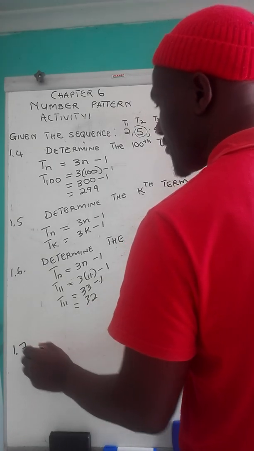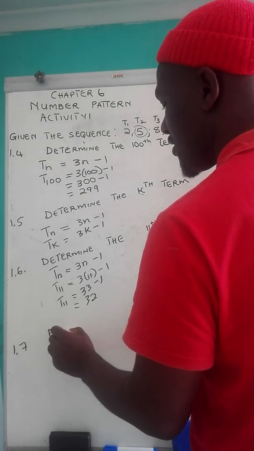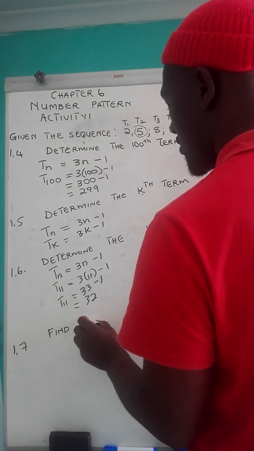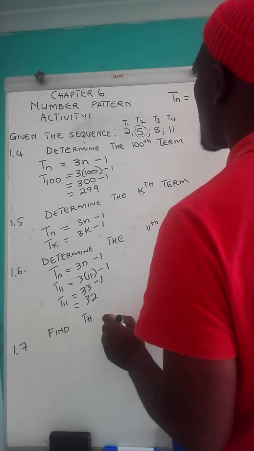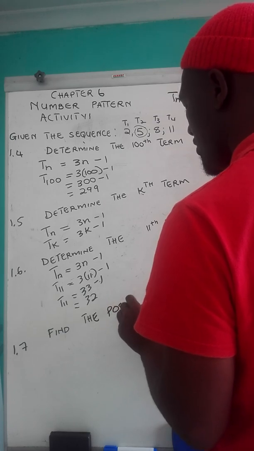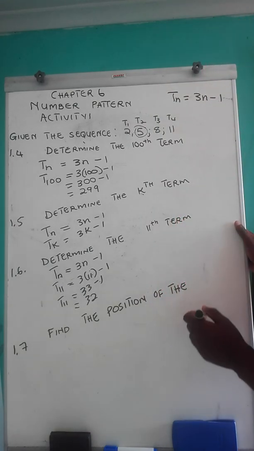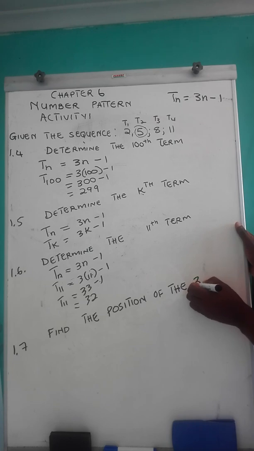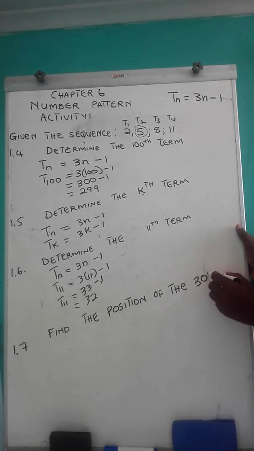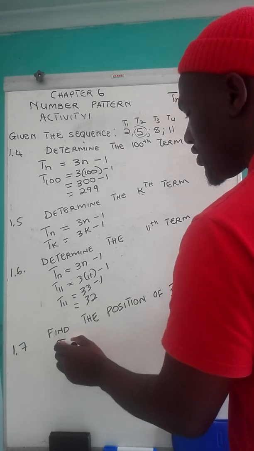1.7. Find the position of 302. If I want to find the position, you write your general formula.